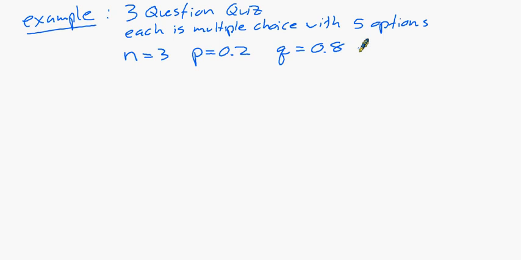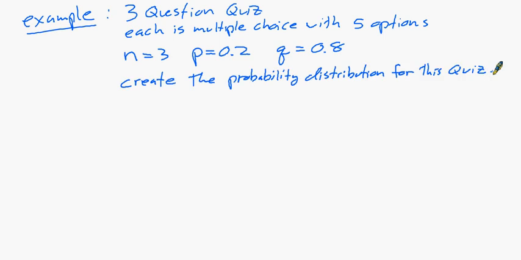All right, so now let's get to the details. Here's our example. We have our N, P, and Q, number of trials, probability of success, probability of failure. We need a question, a direction to move in here. Create the probability distribution for this quiz. Right here, probability distribution.